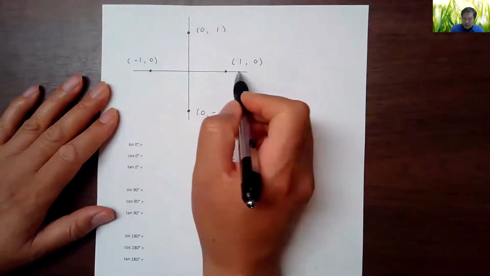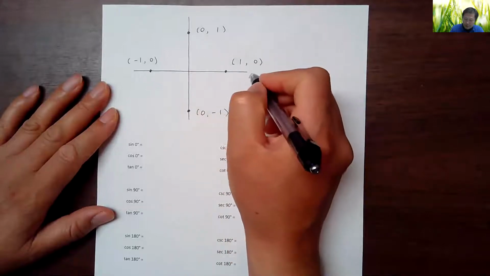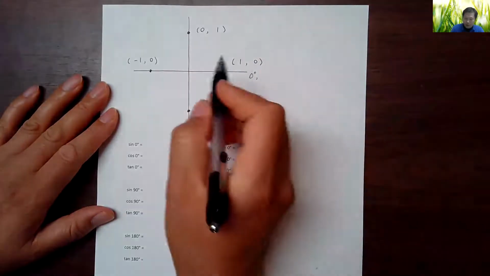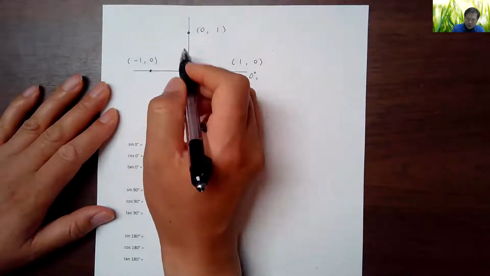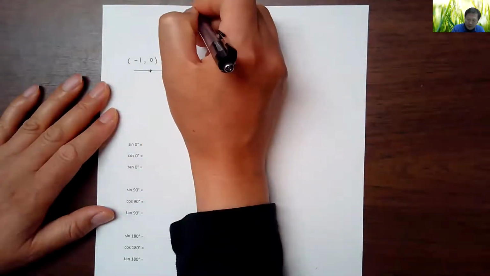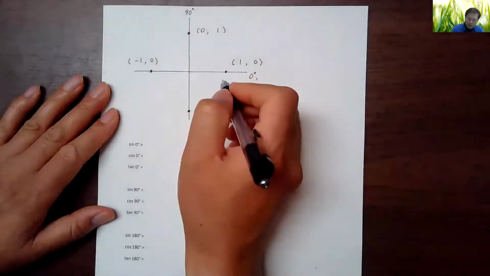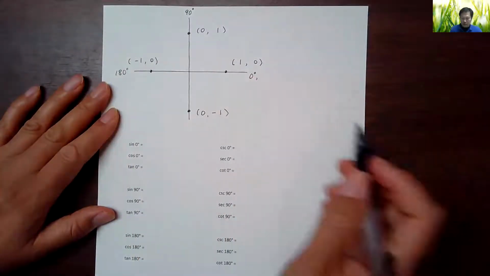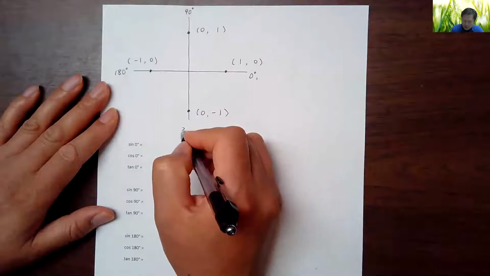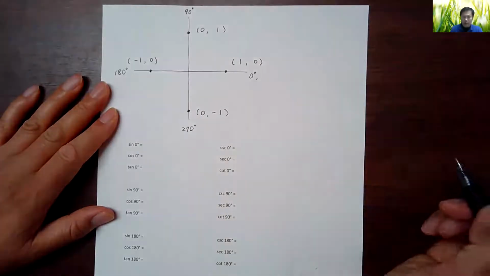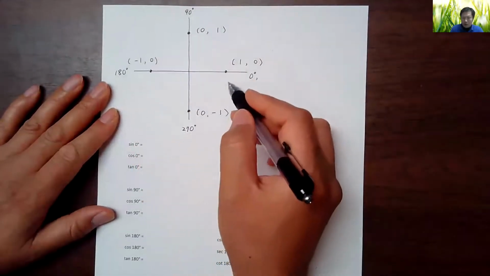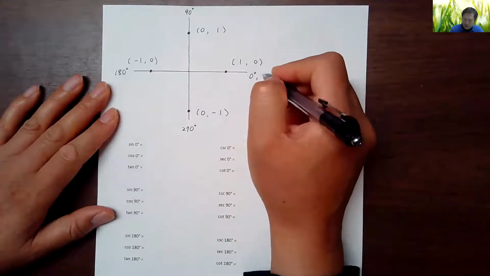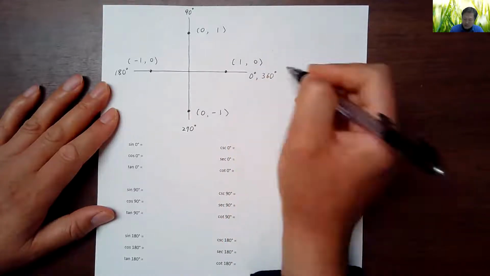Angle-wise, this is 0 degrees. If you go all the way up to here, that will be 90 degrees. If you go to here, that's going to be 180 degrees. If you go to here, that will be 270 degrees. If you go all around one circle, that will make 360 degrees.